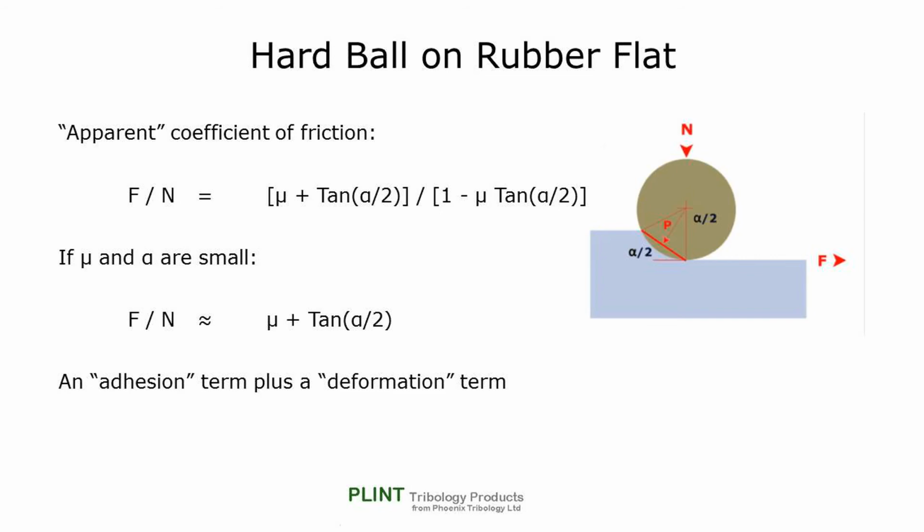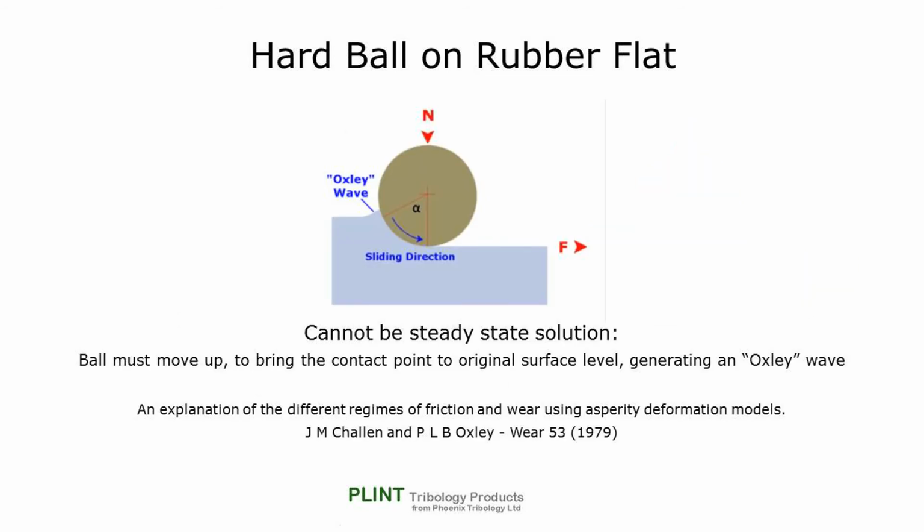And if mu and the contact angle alpha are small, we end up with friction divided by load approximately equal to mu plus tan half the contact angle. In other words, we end up with an adhesion term plus a deformation term. However, it must be noted that this cannot be a steady-state solution.